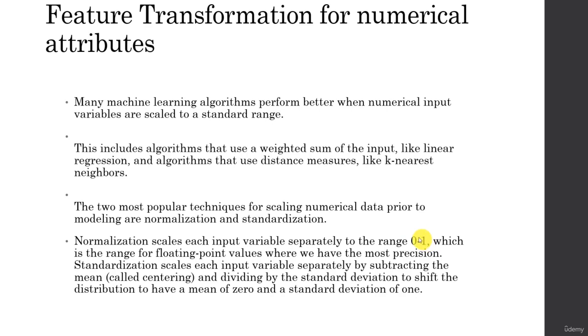This range is different for normalization and standardization. Since we are discussing normalization, each input will be changed to a value in the range 0 to 1, and this range is for floating point values where we have the most precision.